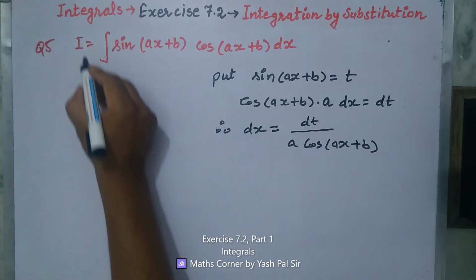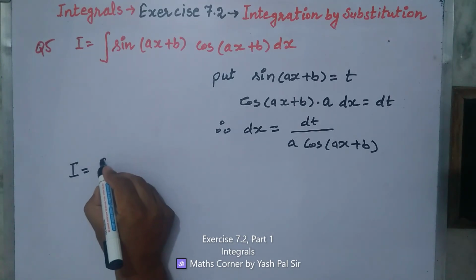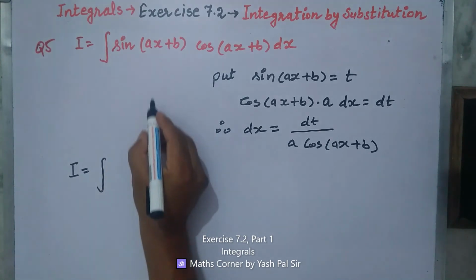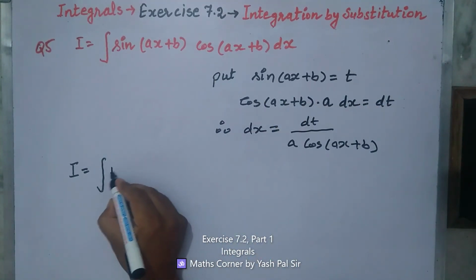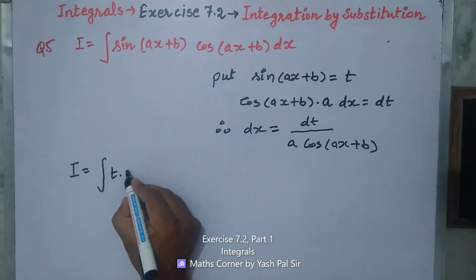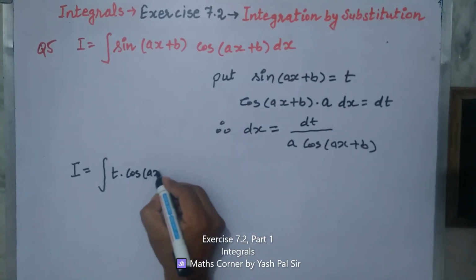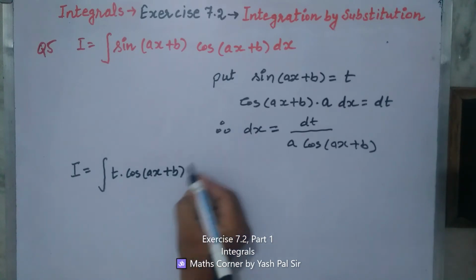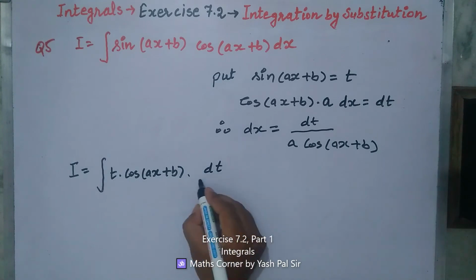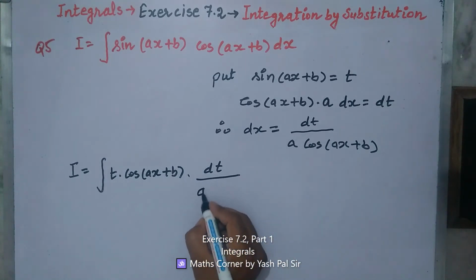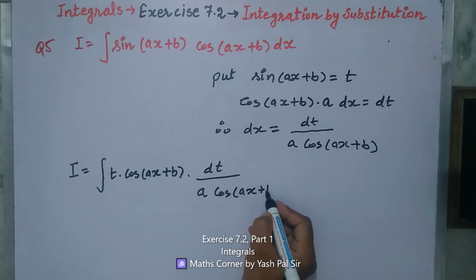So here the given integral becomes I is equal to t now, into cos of (ax plus b) into dx, meaning dt divided by a into cos of (ax plus b).